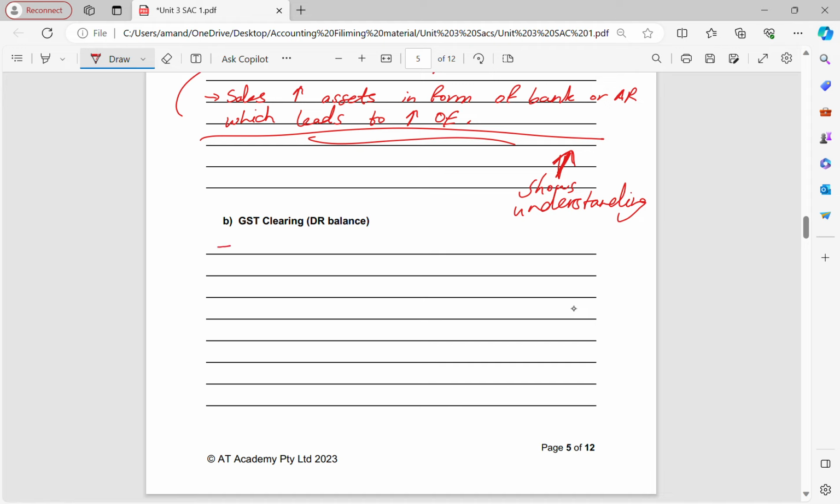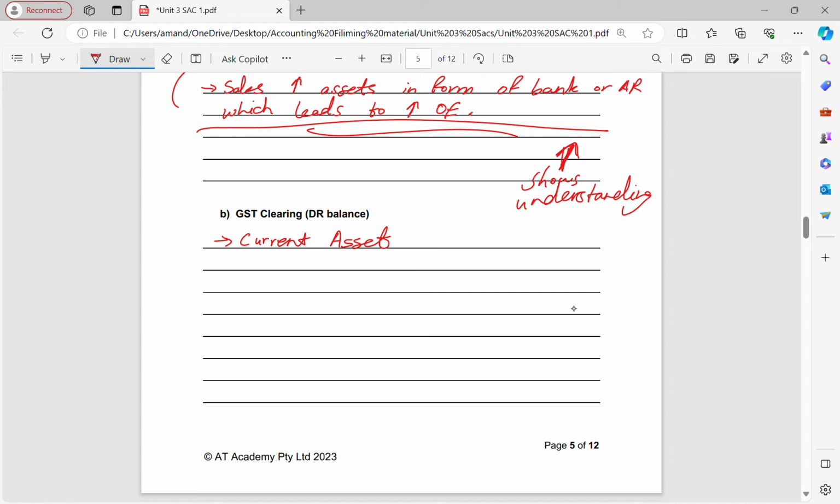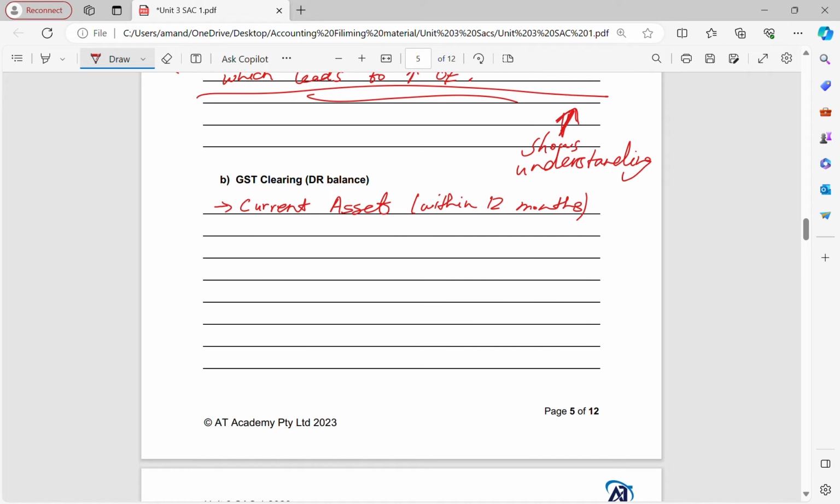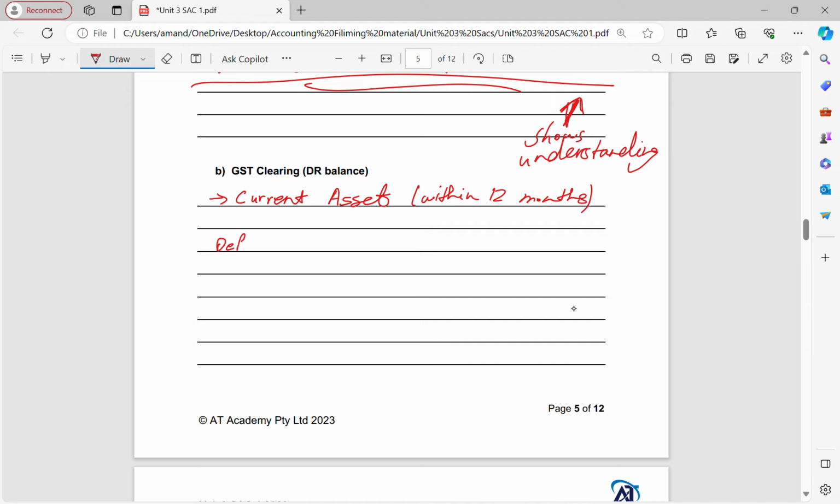So GST clearing debit is a very important current asset because we're going to be paid this within 12 months. So we need to spit out the definition of an asset, which again you should memorize.